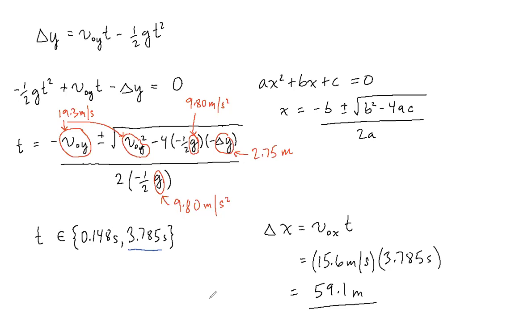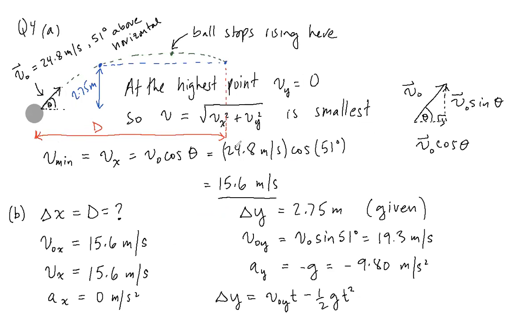In this case, both times are in the future. But if you ever get a negative solution, that's time in the past. So in this case, the way we know to use the bigger number is simply because we're being asked what happens over here when the ball has gone all the way to the goal. And so that means we have to take the later time, not the earlier one.